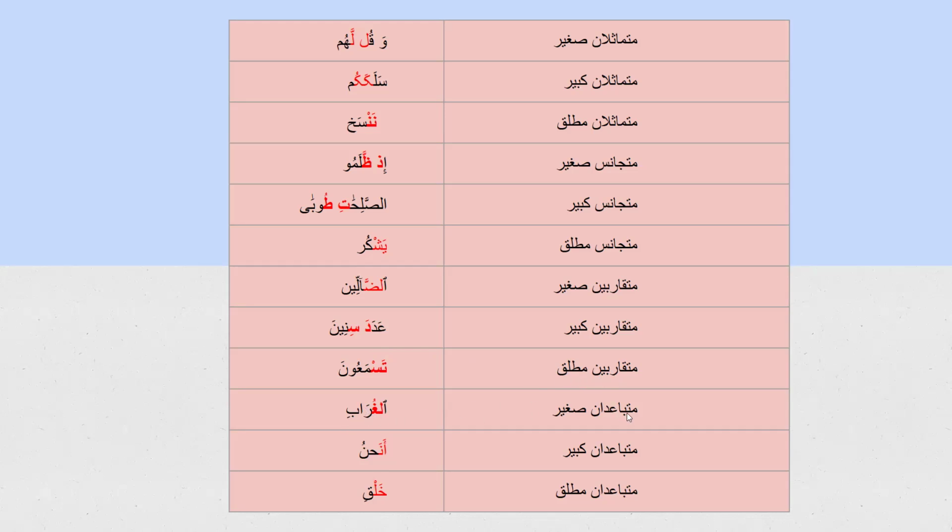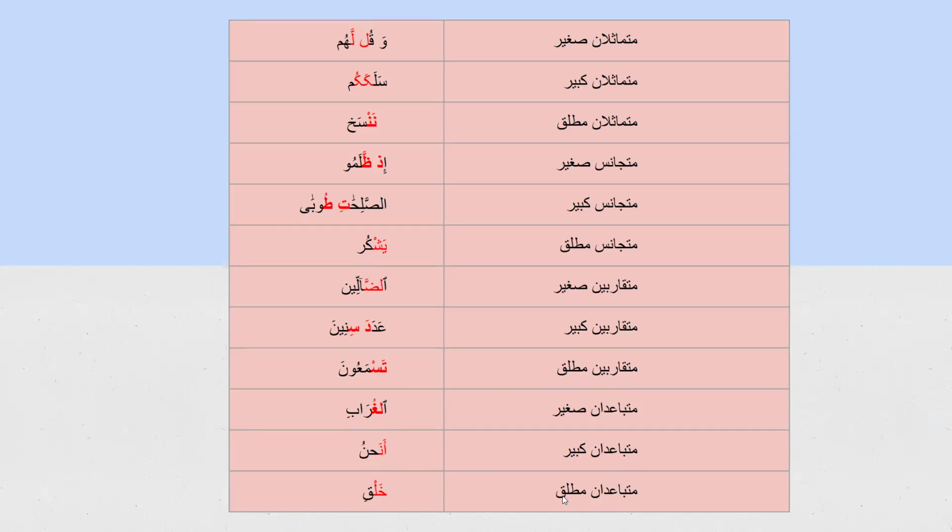Al-ghurabi, so we have mutaba'idan, saghir, because lam and the ghain are far in makhraj and different in sifat. Anahnu, hamza and the noon, both are mutaharrik, so kabir. Look at the difference in sifat and far in makhraj, so mutaba'idan, kabir. Khalqi, kha and the qaf, mutlaq because first is mutaharrik, second is sakin. Far in makhraj and different in sifat, so mutaba'idan, mutlaq.